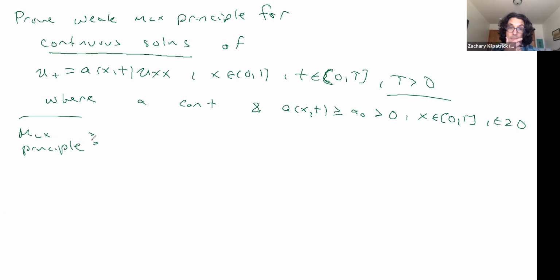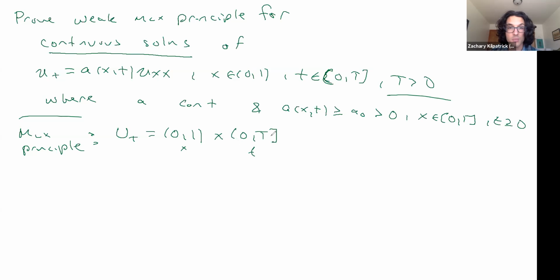Well, you have to define your domains carefully, right? So if we let U sub T be the intersection of x from 0 to 1, open interval, and t from 0 to T, where this is open and this is closed, right?